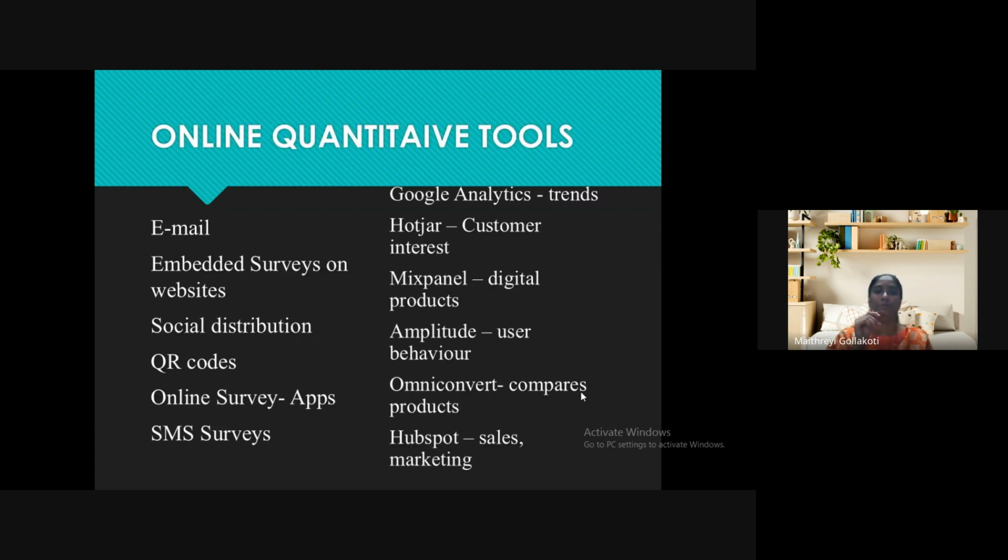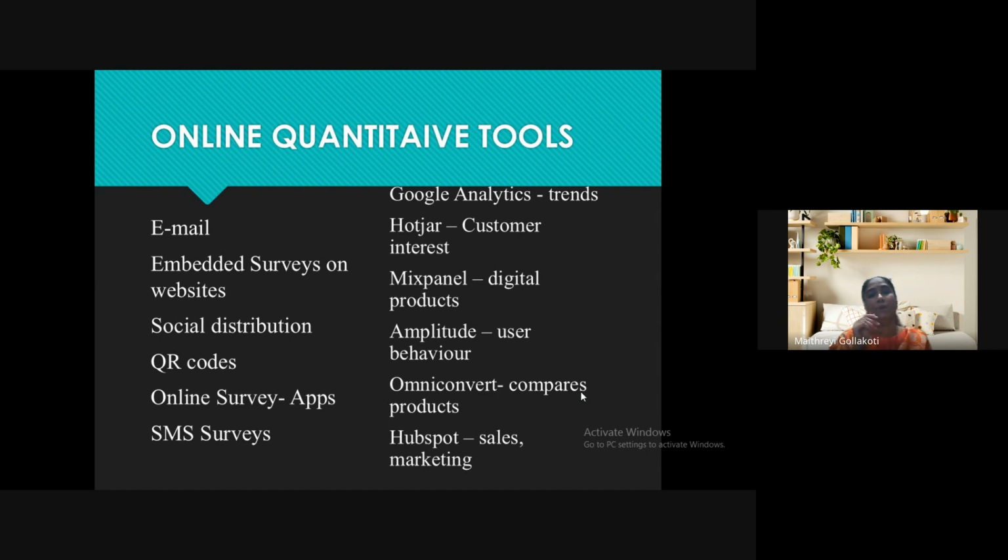Online quantitative tools. As I told you, online procedures are very important right now in this current scenario. So that is why let us see what the online quantitative tools are. Online quantitative tools are emails, embedded surveys on websites, social distribution, QR codes, online survey apps, and SMS surveys. Emails, we can send through mail.